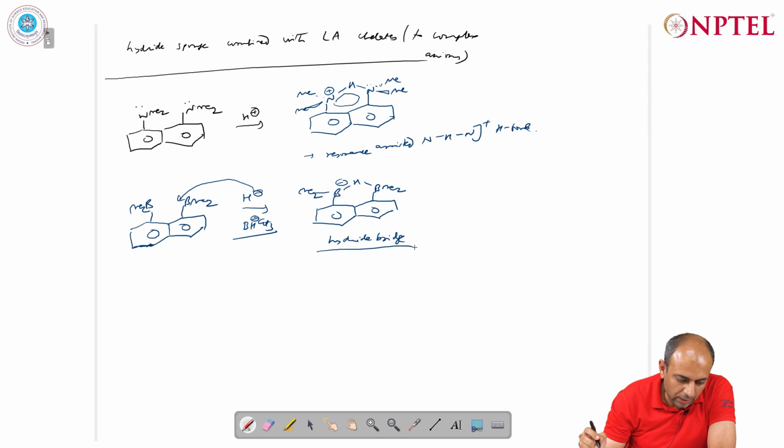And the interaction energy is approximately 70 kilojoules per mole.